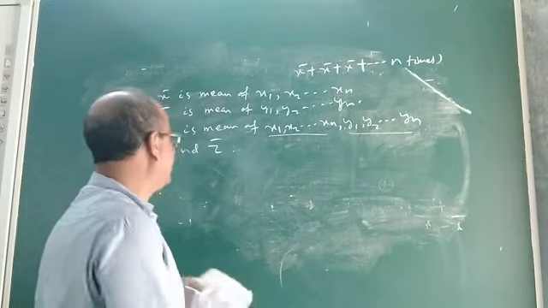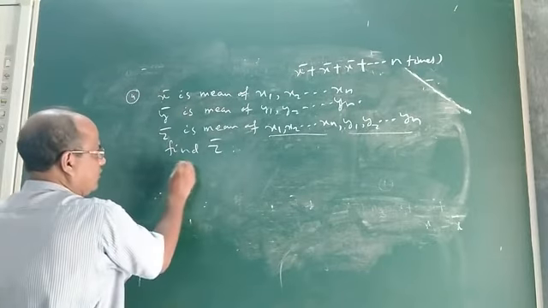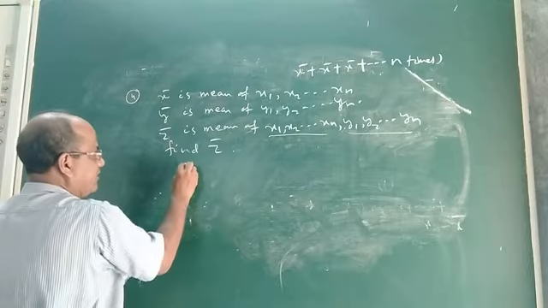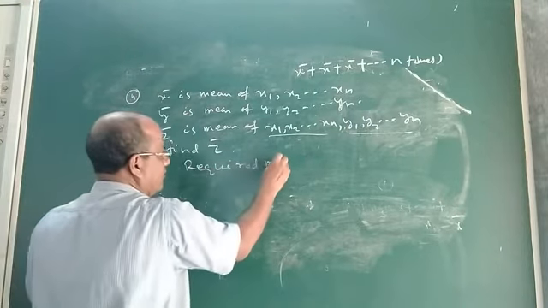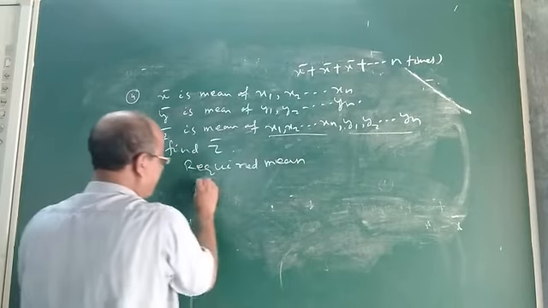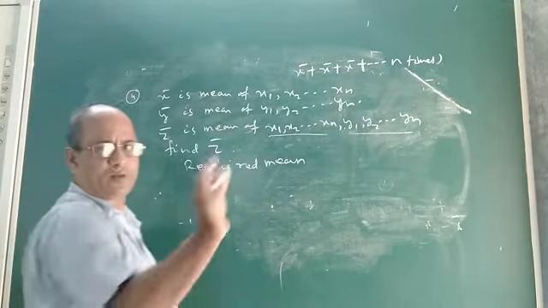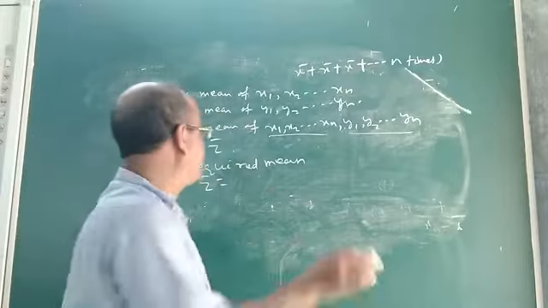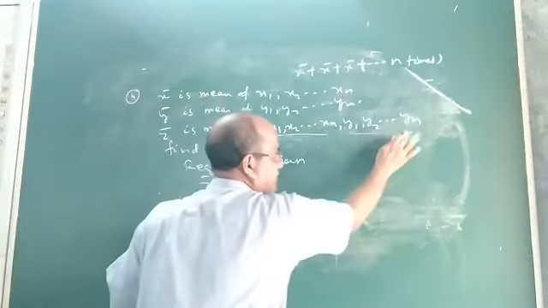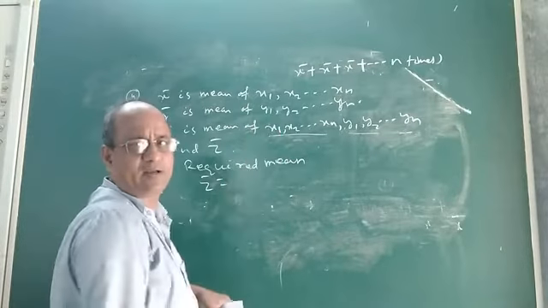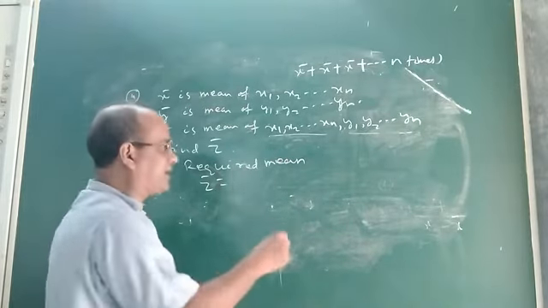Let us see. So what will be the mean? The required mean, z bar, will be equal to, you know the formula, sum of observations by total observations. So you add all these, since z bar is the mean of all these observations, and divide by the total number of observations, that is 2n.